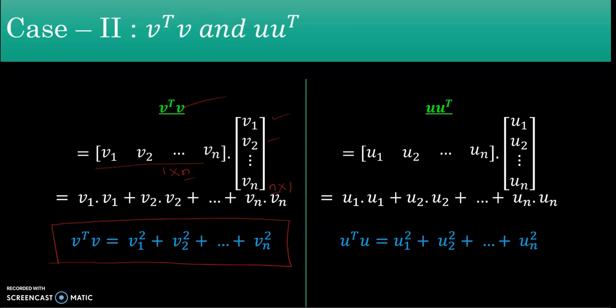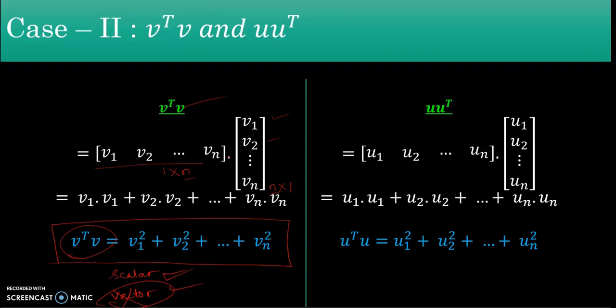So can you guess, is it a scalar result or a vector result? Which one of these is the result of v transpose v? The answer is scalar. It's not a vector, it's a scalar.